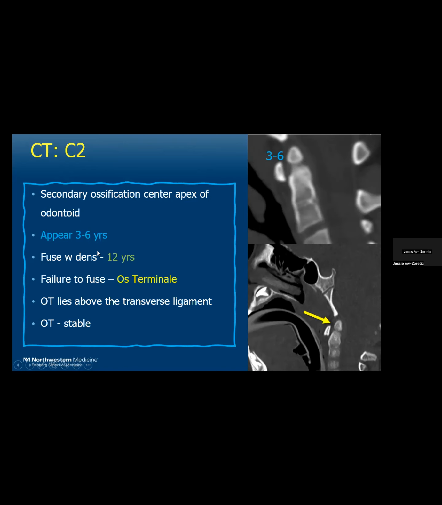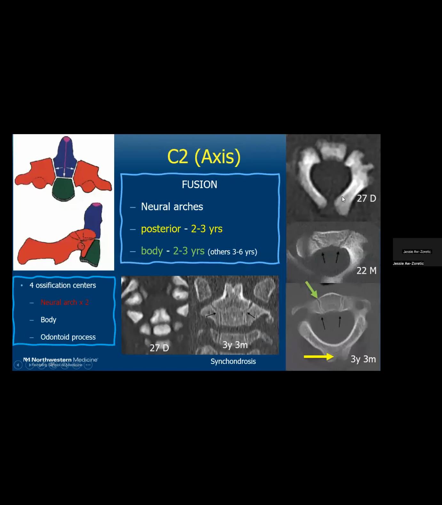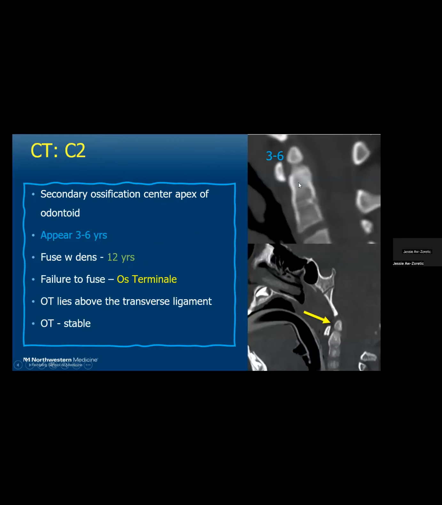So remember, back to the numbers, you have the neural arches with the body, and posteriorly 2 to 3. Then we have the odontoid with the tip at 3 to 6, and then it should fuse by 12 years of age. Now, failure of fusion will form that os terminale, and the os terminale typically lies above the transverse ligament.